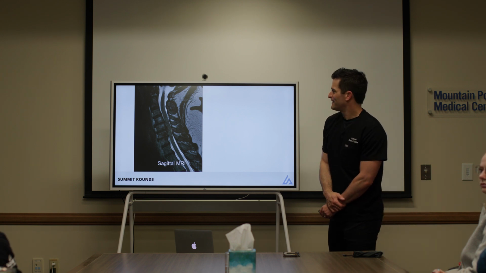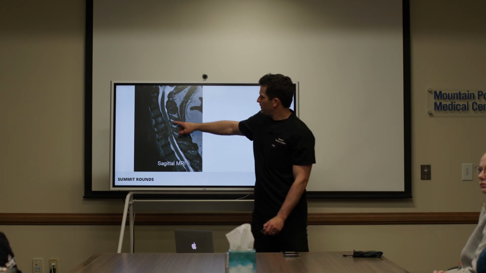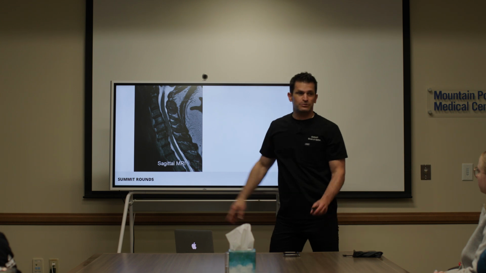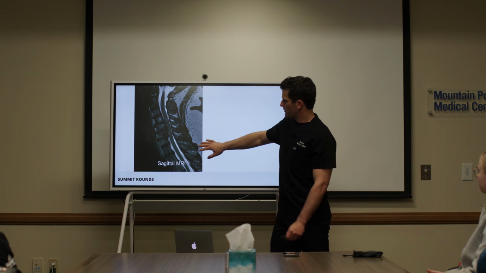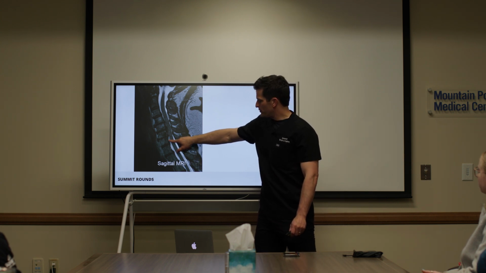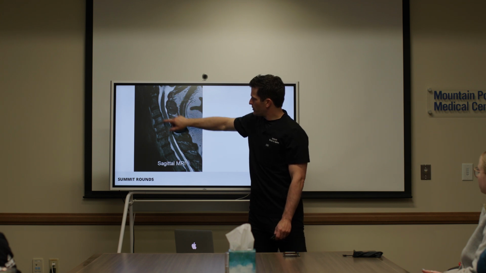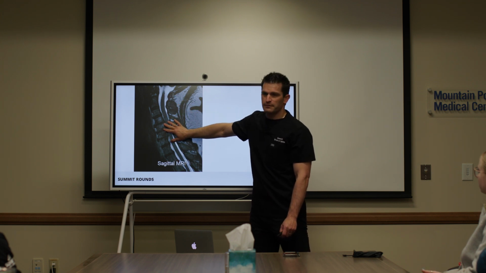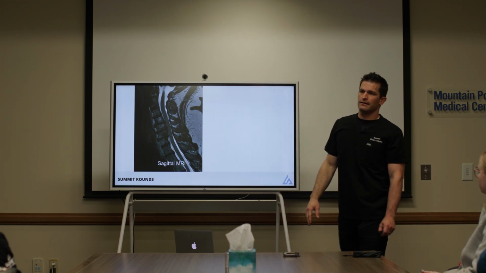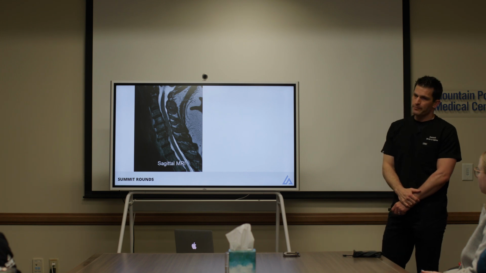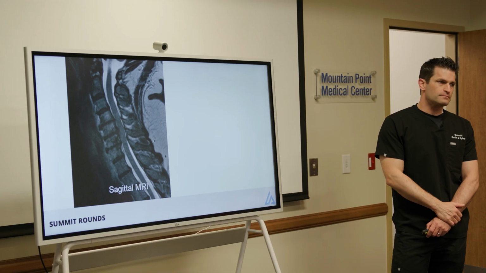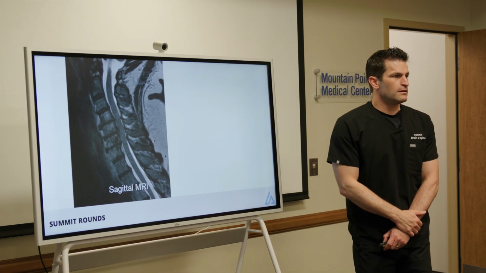What's that? Yeah, so there's the spinal cord coming down. So here we are worried about the spinal cord. There's the spinal fluid around the cord, above and below. This segment here, there's some narrowing and compression of the spinal cord. It's interesting that it's on both sides too.